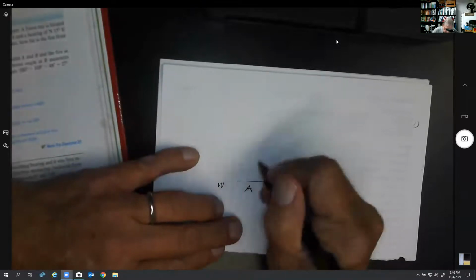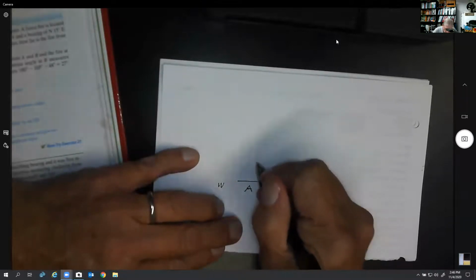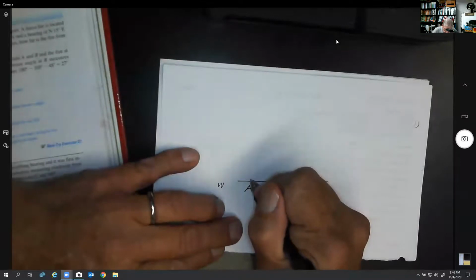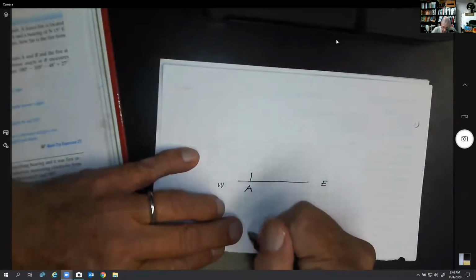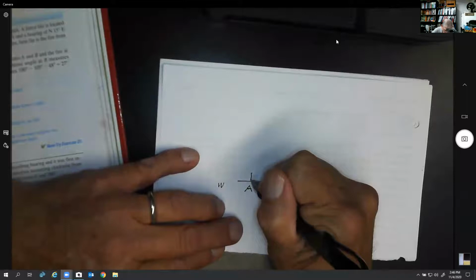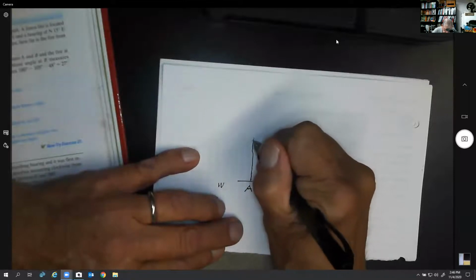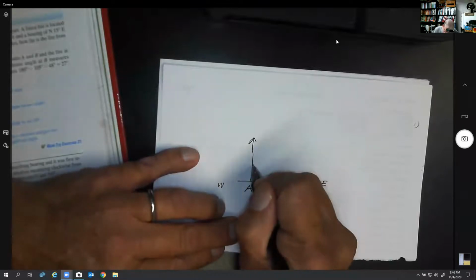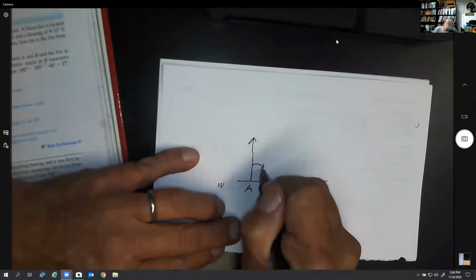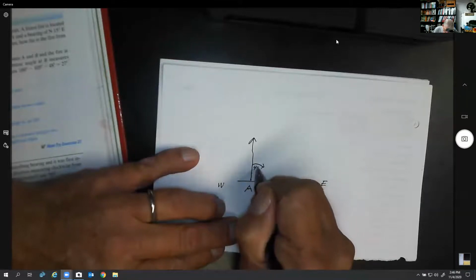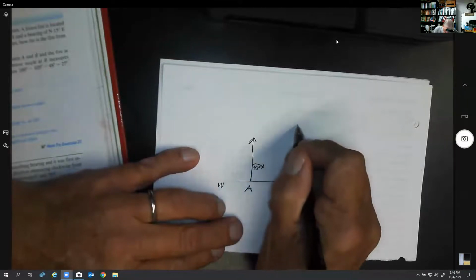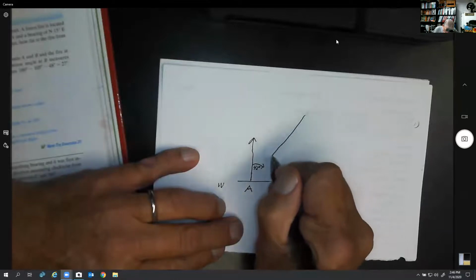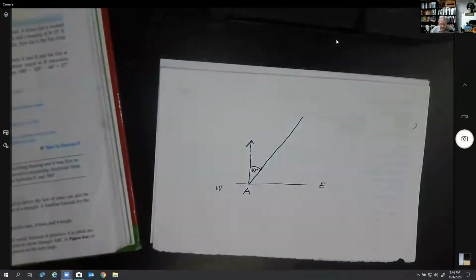The bearing is north, so we're going straight up. If it was south, we would be going down. It's north 42 degrees east, so we're going towards the east, this way, 42 degrees. So we have some kind of a line here, like that.